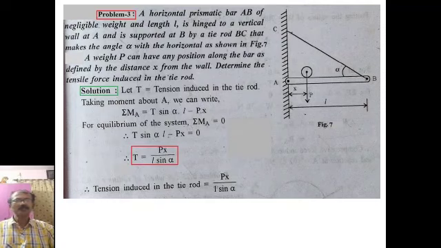Now, from the equilibrium of the system, we know that summation of all the moments with respect to point A equals 0. So, it is nothing but T sin alpha into L minus P x equals 0. One moment is clockwise and another moment is anticlockwise. So, finally, T equals P x by L sin alpha. So, the tension induced in the tie rod is nothing but P x by L sin alpha.